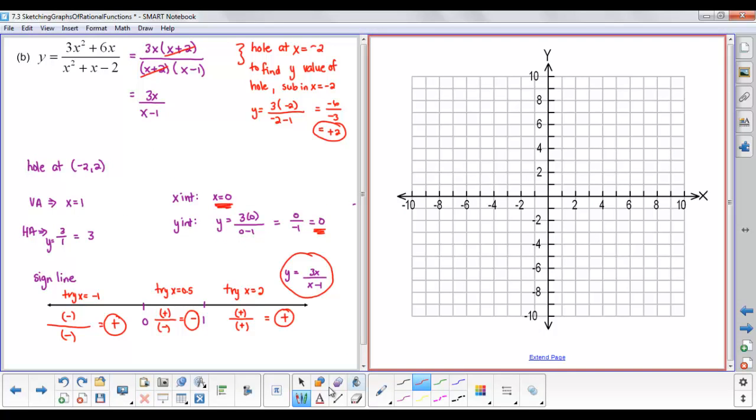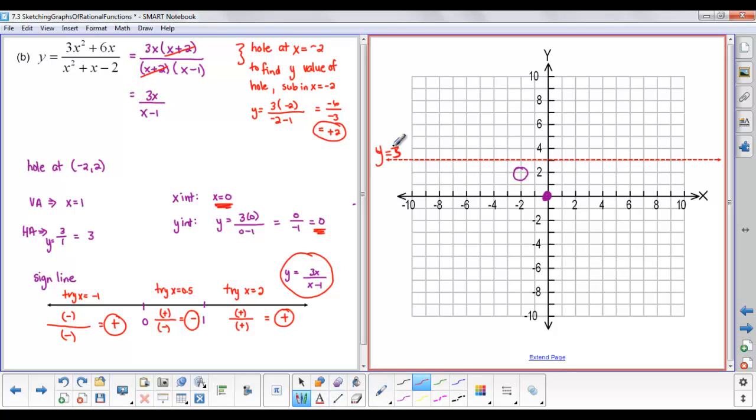Okay, so same as last time, we're going to plot everything that we know. We actually have a hole at negative 2, 2. So I'm going to represent the hole with an open circle. So that's our hole. We have an x-intercept and a y-intercept at 0, 0. We have a horizontal asymptote at y equals 3.